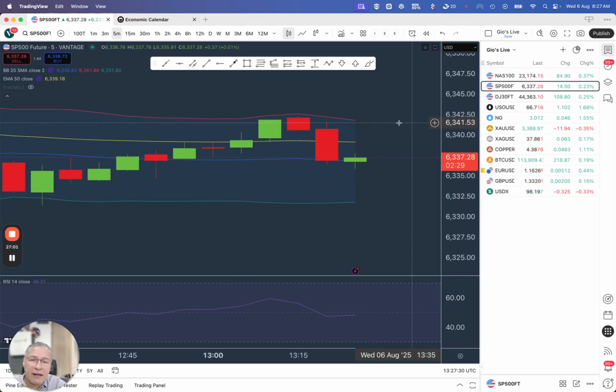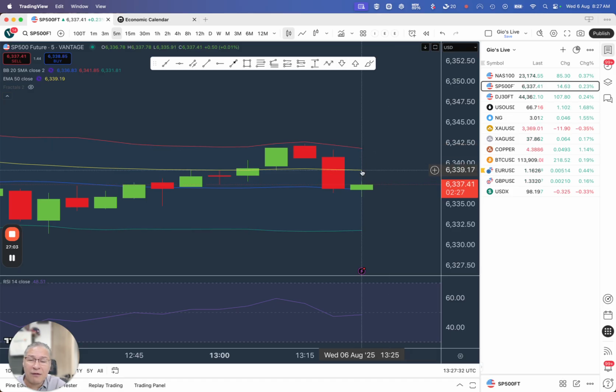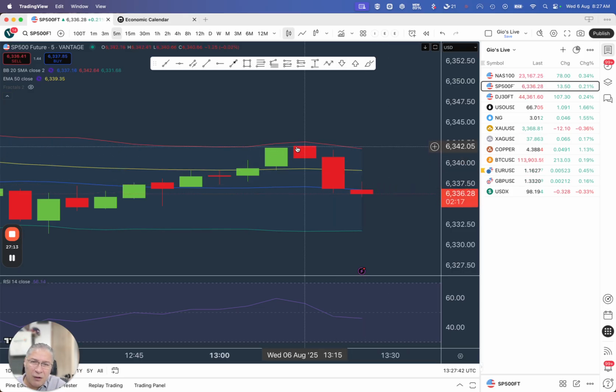Then we have, in this case of the S&P, the 50-day moving average above the market. So it's putting pressure on the market rather than support, or giving it resistance. So in this scenario, the market is looking to continue to move lower. So initially, in this 5-minute candlestick chart, the lower Bollinger Band will be the target as the market continues to show us fluctuation to the downside.